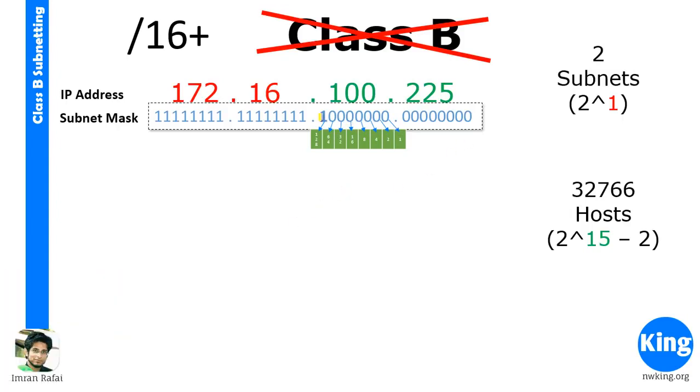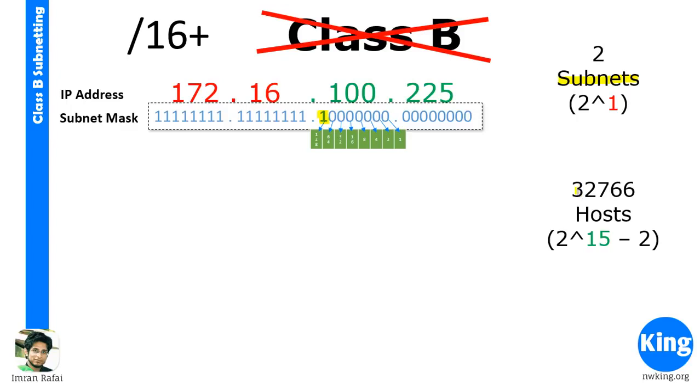Alright, so we see that 1 bit is borrowed. From what we know already, 1 bit borrowal means you get 2 subnets, 2 to the power 1, which also means that you get 2 to the power 15. 15 is nothing but the number of zeros, so 2 to the power 15 minus 2 hosts, that is 32,766 valid hosts.